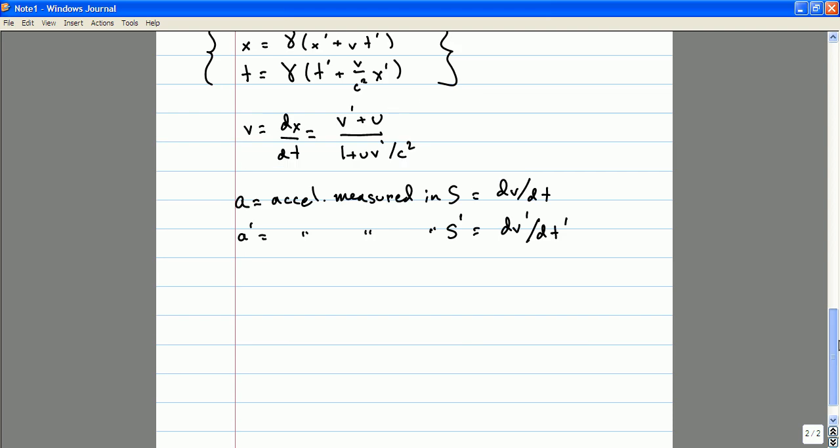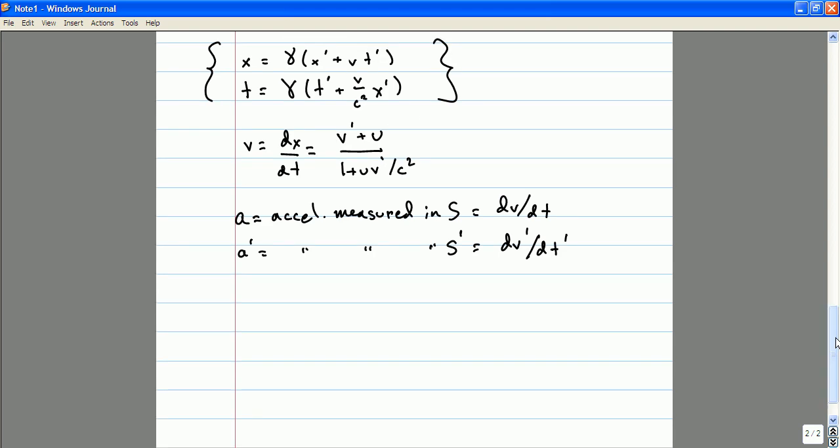And essentially all I will need to do is use this formula for velocity addition, use the Lorentz transformation rule, and carefully use the chain rule several times. So A is dv by dt, which by the chain rule is dv by dt prime times dt prime by dt.